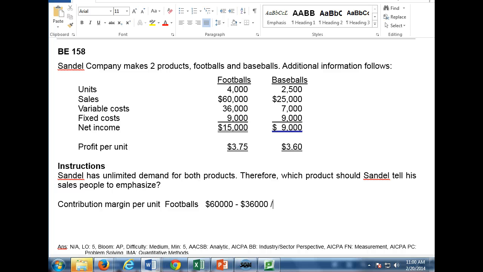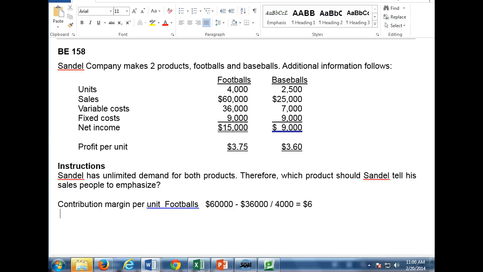And if we divide that by 4,000 footballs, what's our contribution margin? $6.